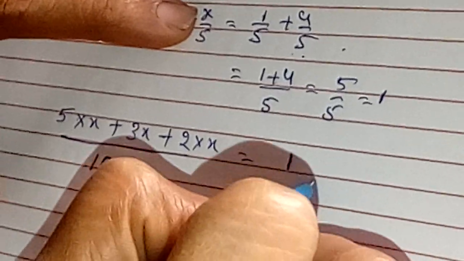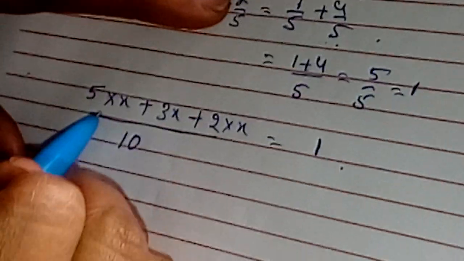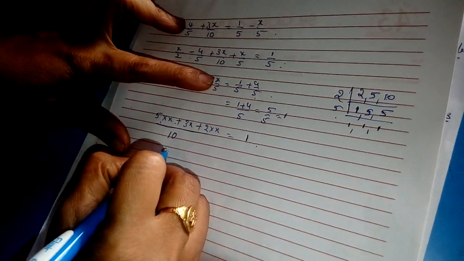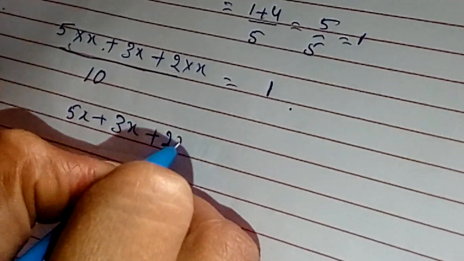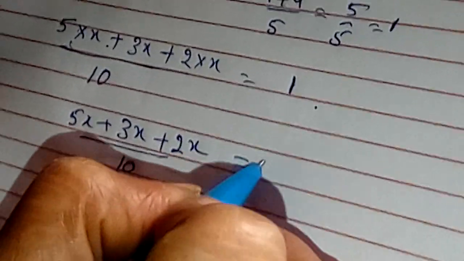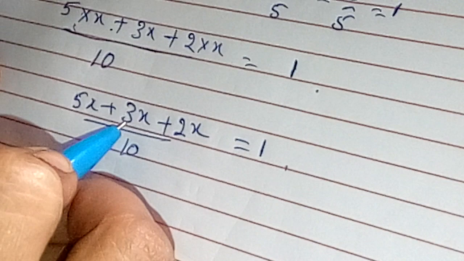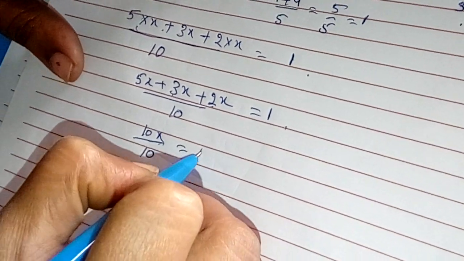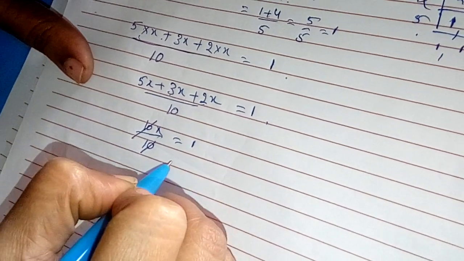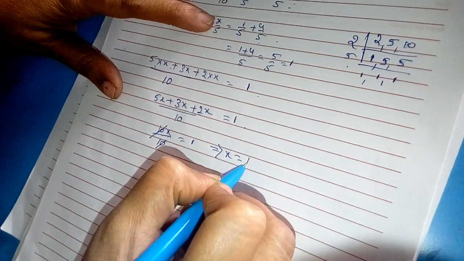Then on the RH side you have to get 1. Then 5 into x, 5x plus 3 into x, 3x plus 2 into x, 2x, by 10 is equal to 1. 5 plus 3 is 8, 8 plus 2 is 10. 10x by 10 is equal to 1. Then cancel 10 and 10. Then you will get x value is equal to 1.